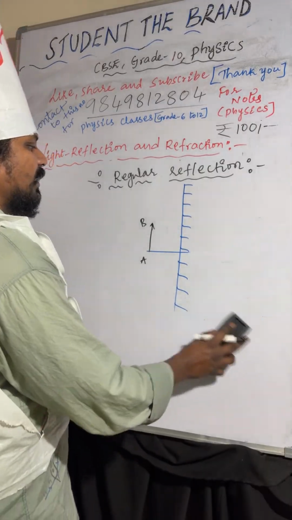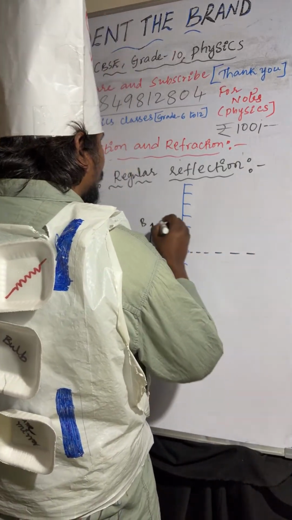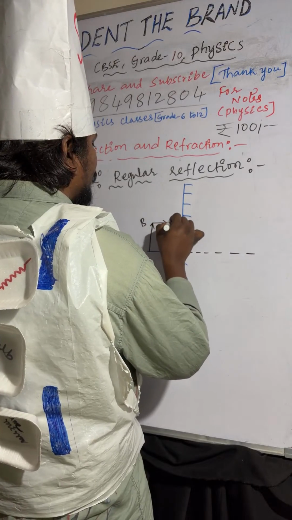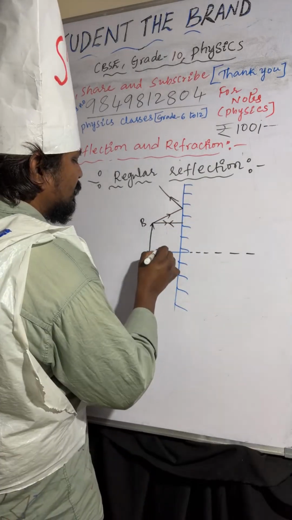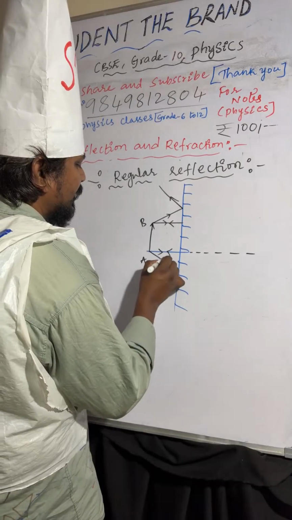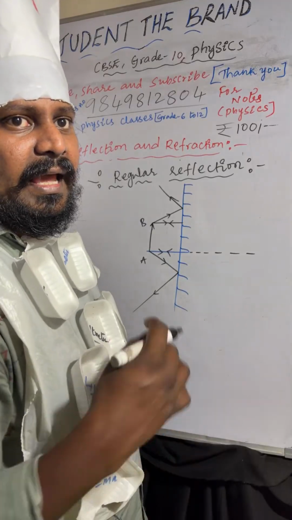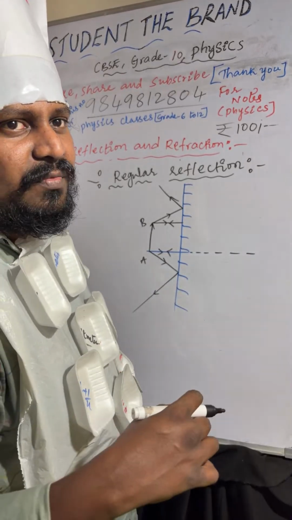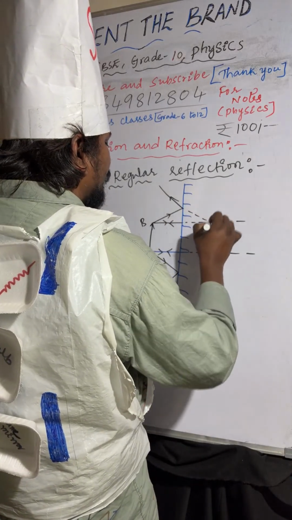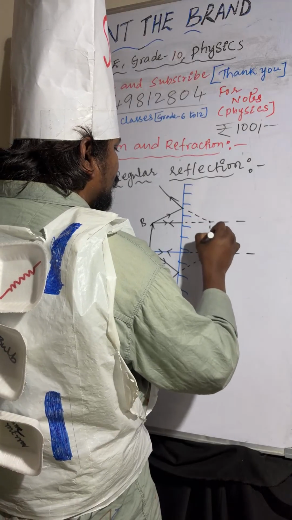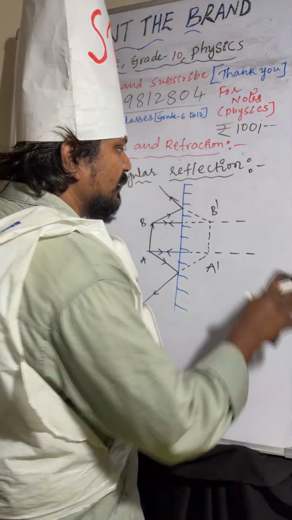So here I am taking this, and we are extending here like this. This is the incident ray, reflected ray, and one more thing here. If you extend those reflected light rays, the extended reflected light rays meet at one point, A dash and B dash.